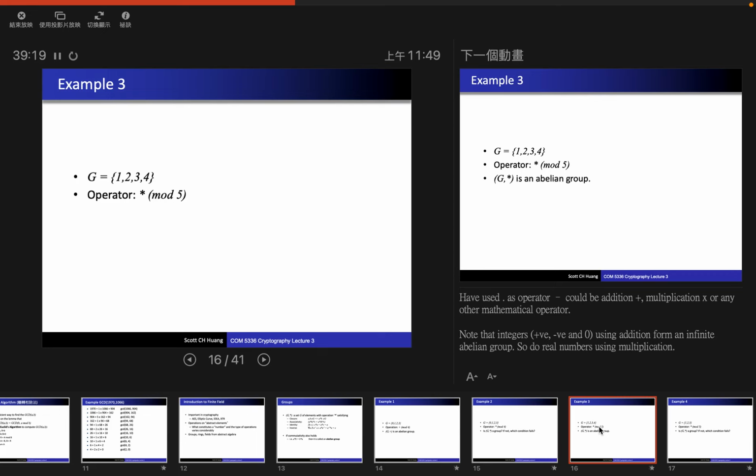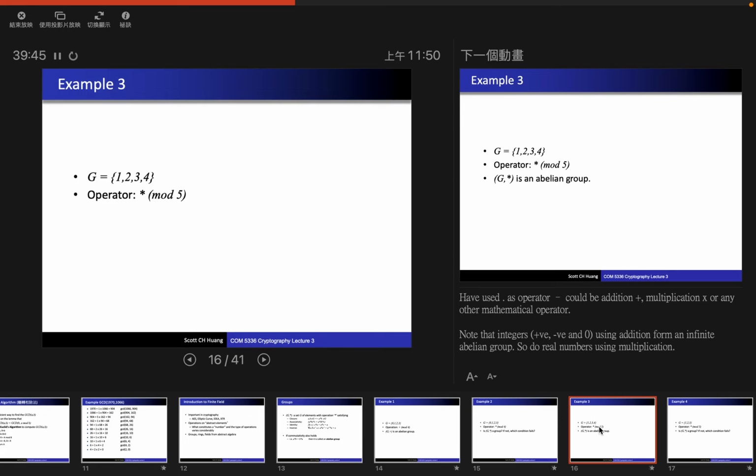Okay, so we do have an inverse. Sorry. 4's inverse is 4. 3's inverse is 2. So in other words, 2 and 3 are inverses of each other. 1 and 4 are inverses of themselves. So everybody does have an inverse.